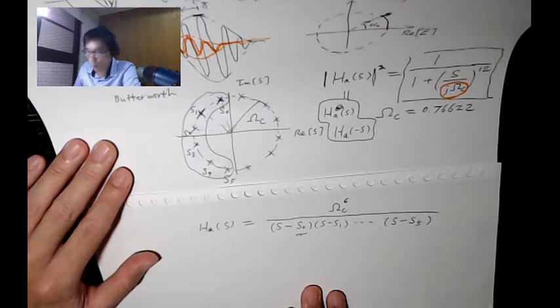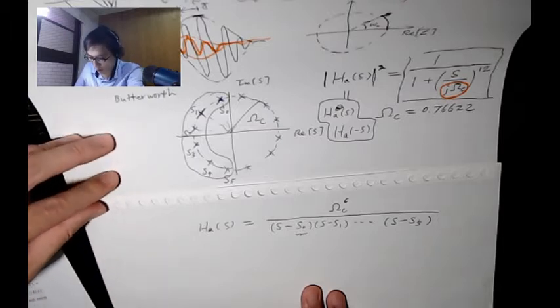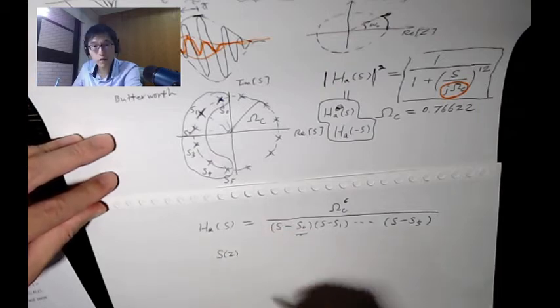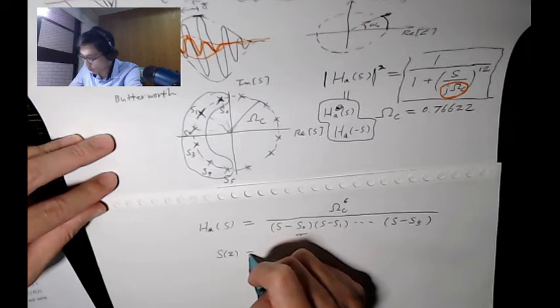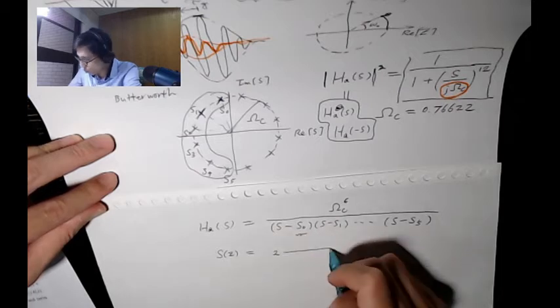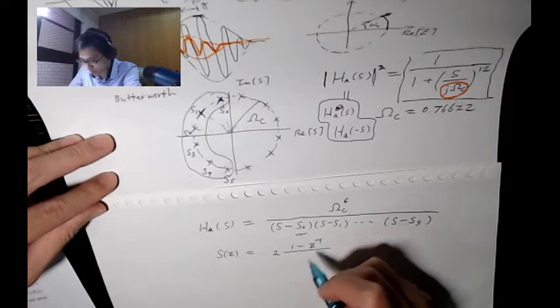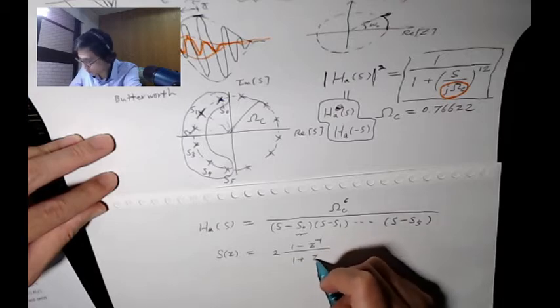So in this homework, we figured that the bilinear transform we have is s of z, equal to 2 times (1 minus z inverse) divided by (1 plus z inverse).